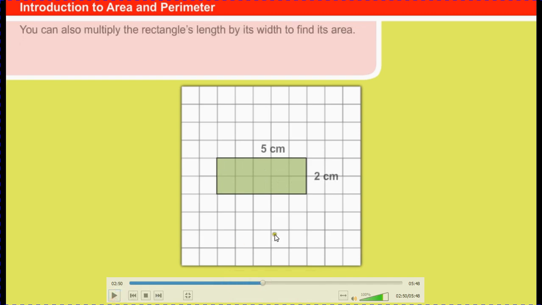And you can get it another way, by the rule you know for the area of a rectangle. Yes, you can multiply length by width to get the area of a rectangle. It will be 5 multiplied by 2, which is 10 centimeters squared.